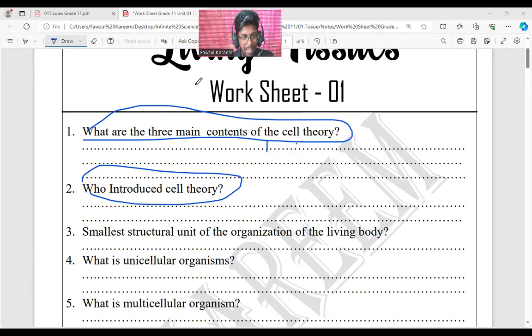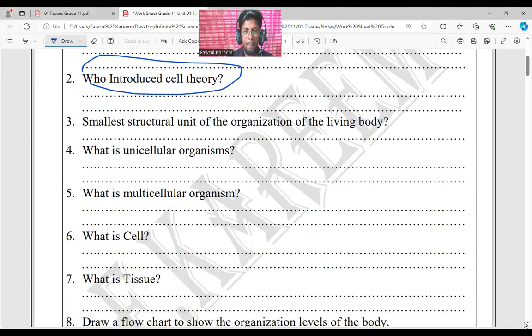Then, Anushya, what is the smallest structural unit of an organism, of the living body? Simple answer. No, dear, the functional and structural unit are called the cells. You said it a little while ago. Very good. Cells, not tissue.